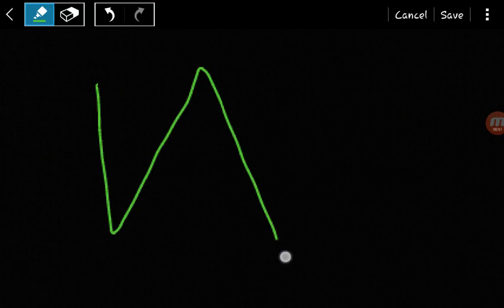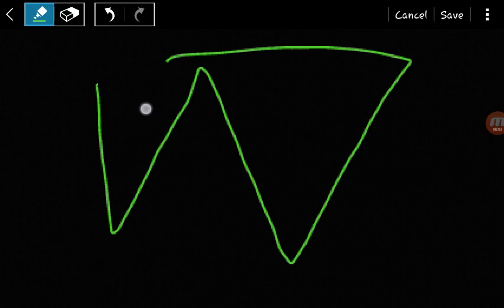Let's do another one. I like drawing shapes. Alright, is this a polygon?